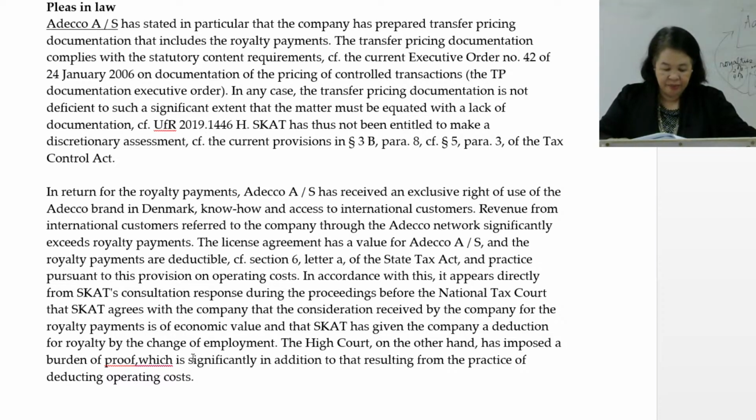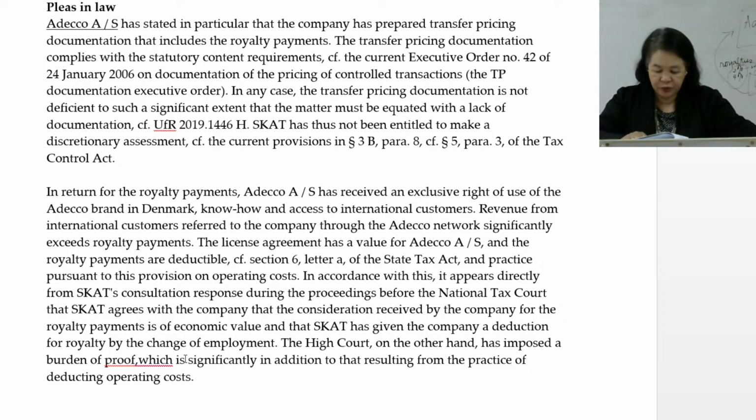The license agreement has a value for Adecco AS. And the royalty payments are deductible. Ito na yung kina-question ng tax authority. Kung i-allow ba na deduction ang royalty payments sa income. Okay. So the license agreement has a value for Adecco AS and the royalty payments are deductible. No?